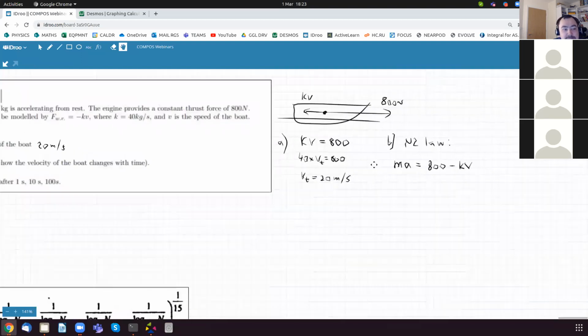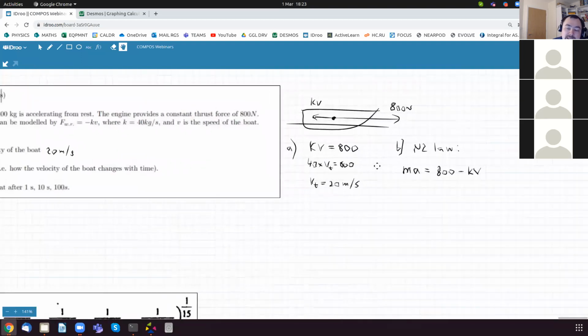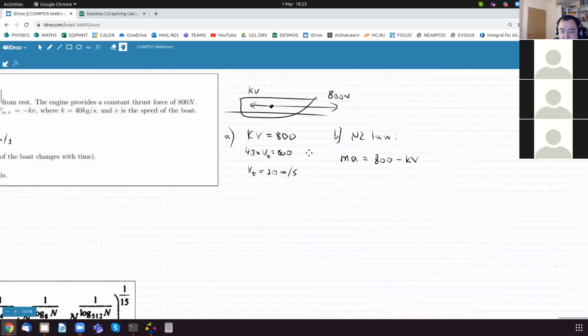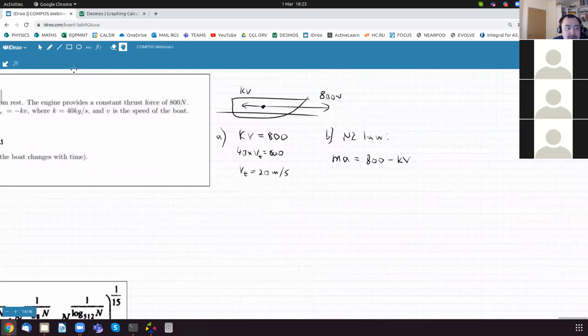Can we use the values? Well, in physics, I would say definitely don't use the values for now, but in a math question, you can do it. Actually, sorry, I changed my mind. I'm not going to use the values. I'm going to use F for thrust and minus kV.